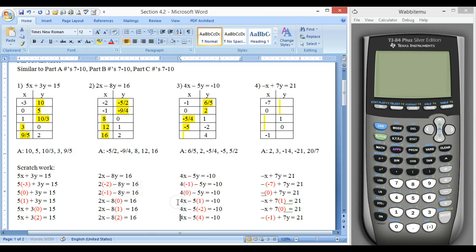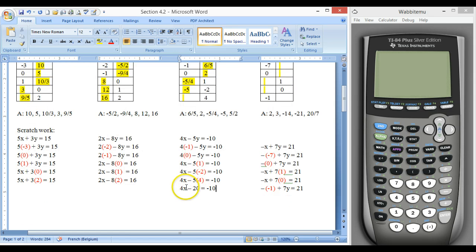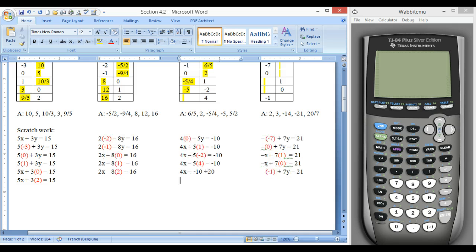And the last one for number 3, to finish filling in our table, we substitute in 4 for y. Negative 5 times 4 leaves me with 4x minus 20 equals negative 10. To isolate the 4x, I need to add 20 to both sides to cancel that out. So I have 4x equals positive 10.